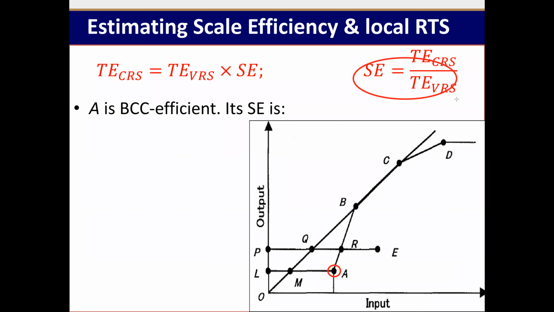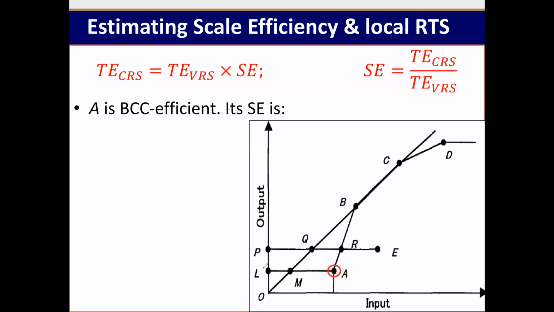The definition of the scale efficiency is the technical efficiency to the CRS divided by the technical efficiency to the VRS. So what is the technical efficiency to the CRS? If you want to measure it, that's why these other lines are given, to the CRS.